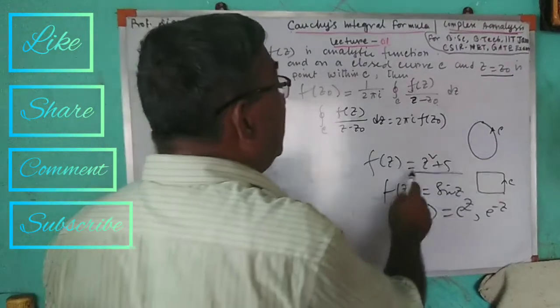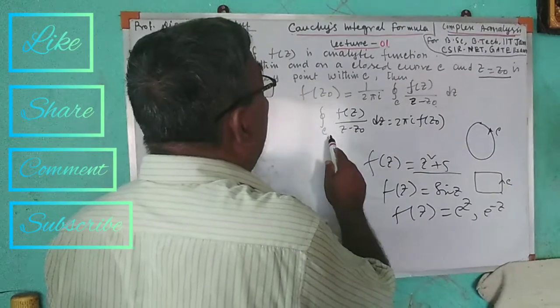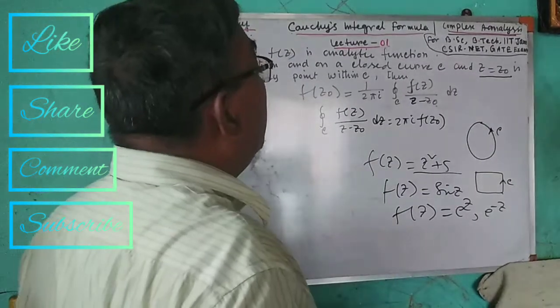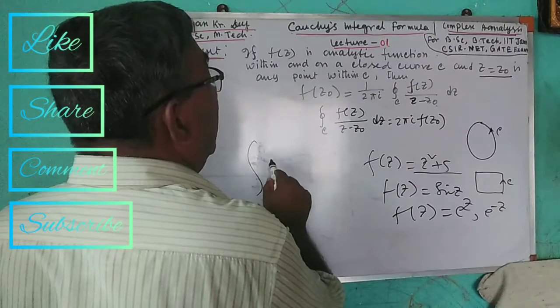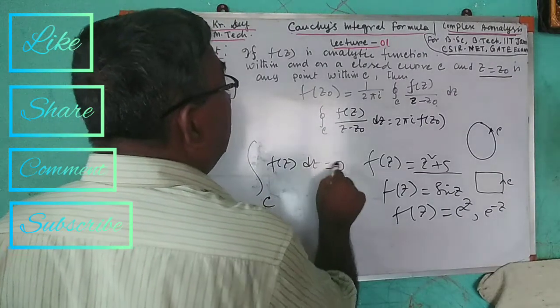Then the integration of f(z) dz over any closed curve, you directly write 0.